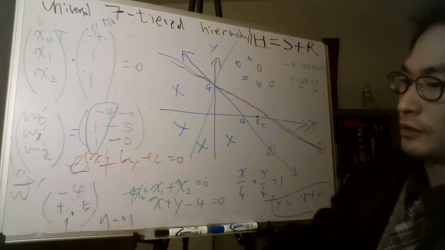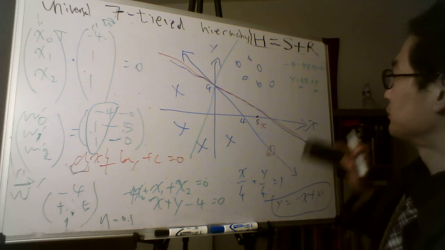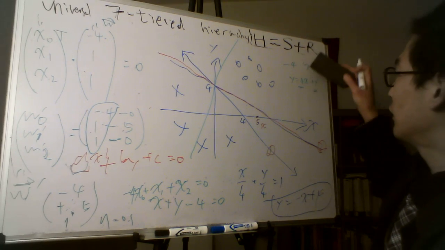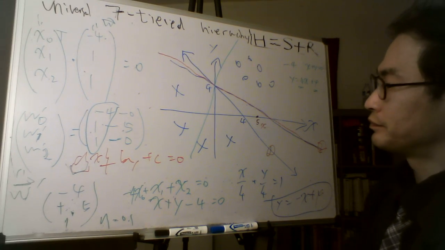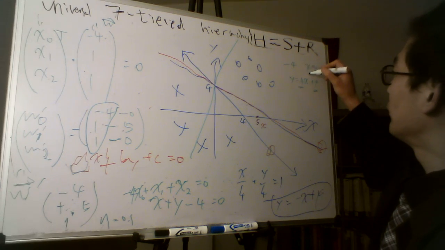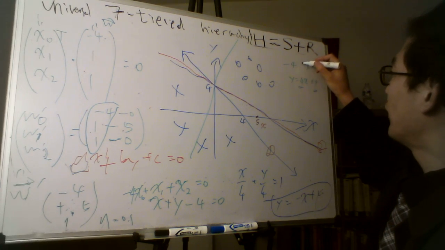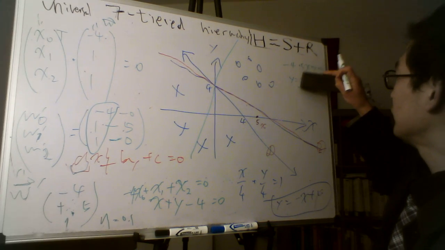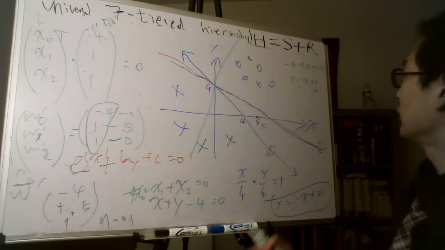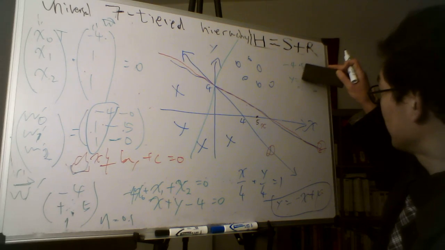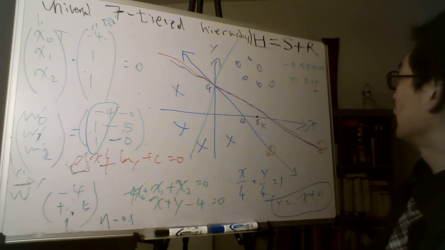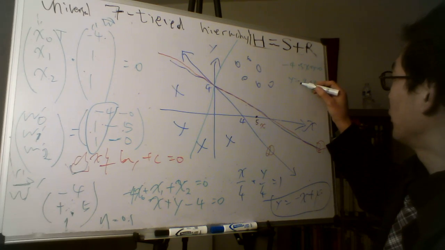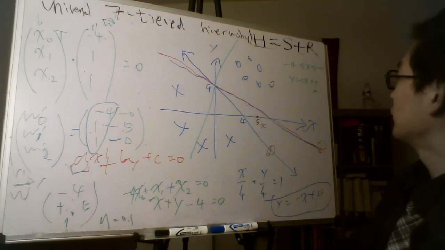So this equation becomes, instead of negative 0.5, this becomes negative 0.5x plus 4.